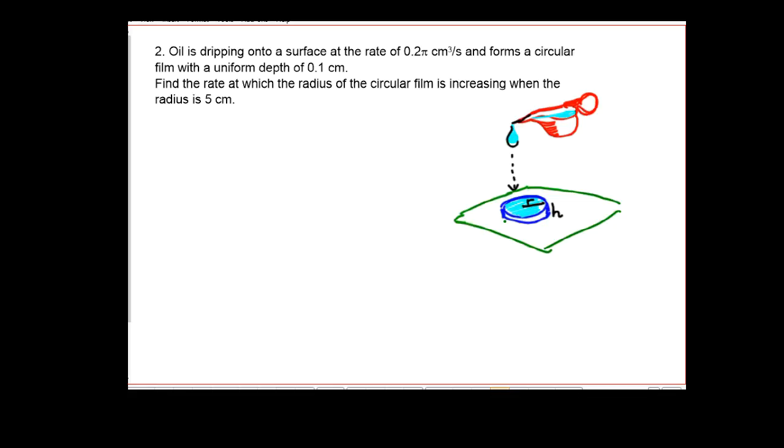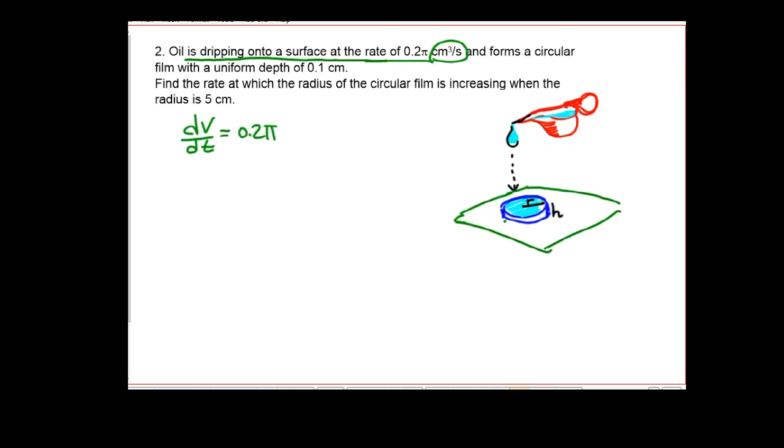And I want to write down this information: the oil is dripping onto the surface at a rate, in centimeters cubed per second. That means I have dV/dt, that is 0.2 pi.